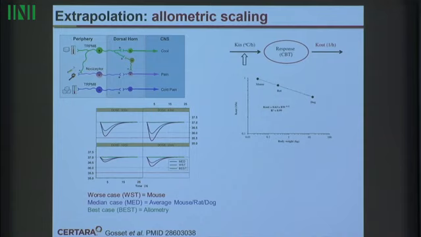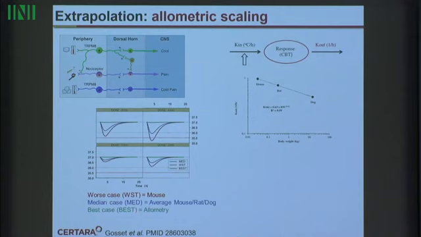If you do that, you get model predictions like here, where if we scale this to man, three things can happen. Either it's the worst case, man equals mouse, and we get a big effect. Maybe we just take the median, which is somewhere between the three species.